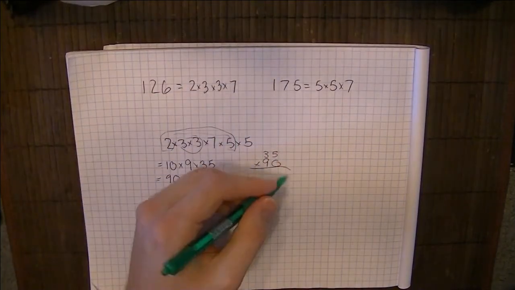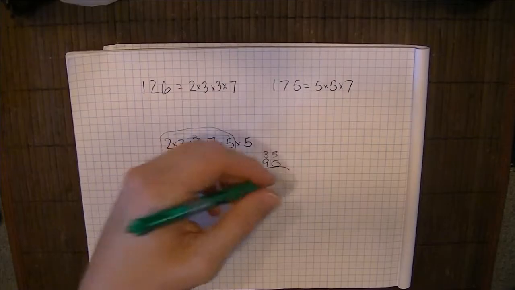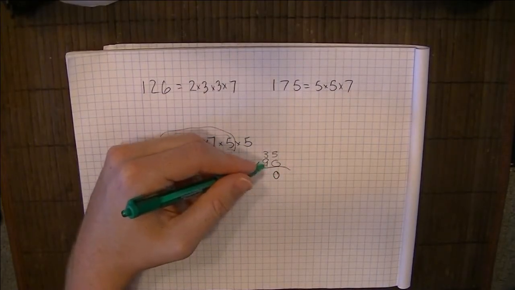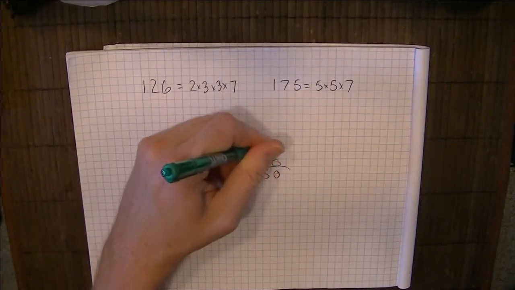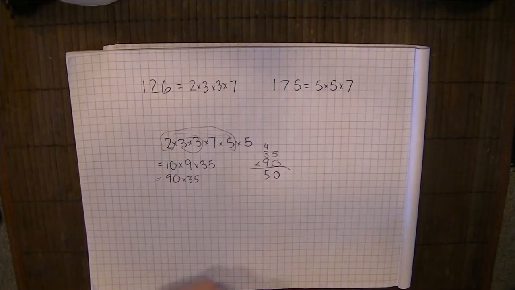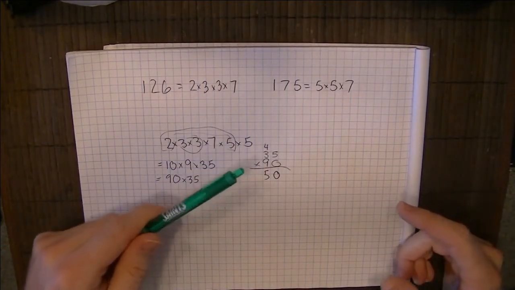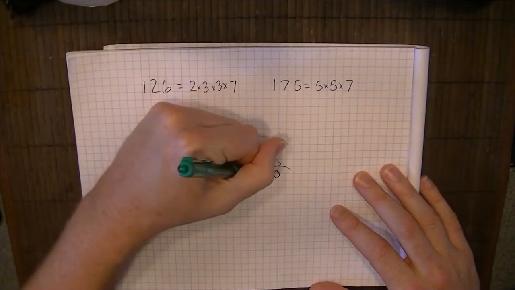35 times 90, 0 times 5 is 0, 0 times 3 is 0, so we don't have to worry about that. We can just skip ahead, put a 0 down and say, okay, 9 times 5, well, that's 45. And 9 times 3, that is 27, right? And then adding 4 to that gives me 31.